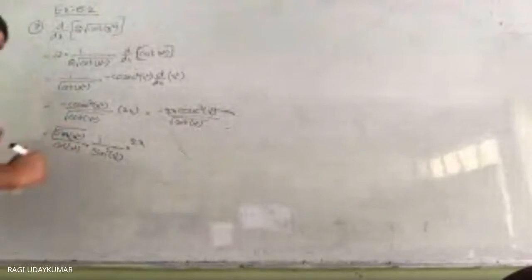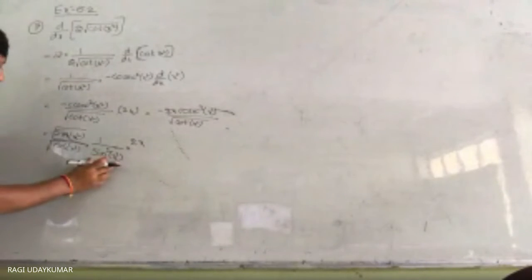This is also a final answer you can give, and if you still want to simplify, you can simplify a bit more. That simplification, how can you do it? This is sin square, and this is under root cos square x square, and we have to simplify both. Sin square x square.